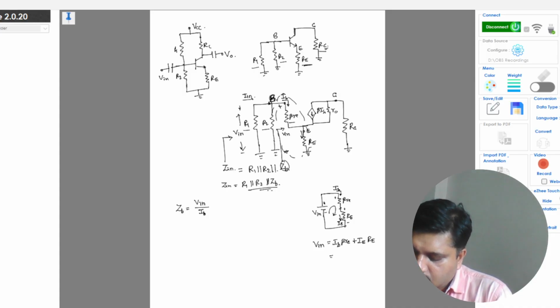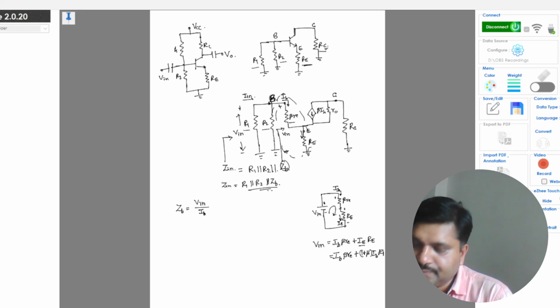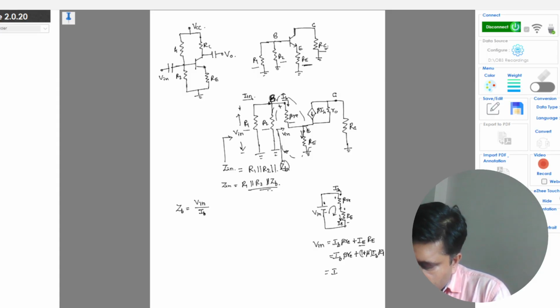Okay, so now I will replace IE in terms of IB: IB into beta RE plus (1 plus beta) times IB into RE. Now this will be IB into, I will take beta common, RE plus, so this 1 plus beta I can approximate to beta because the value of beta is large compared to 1. Okay, so RE plus capital RE.